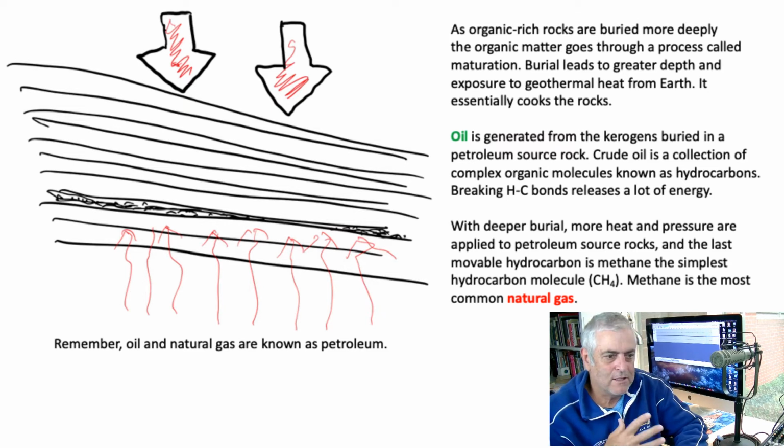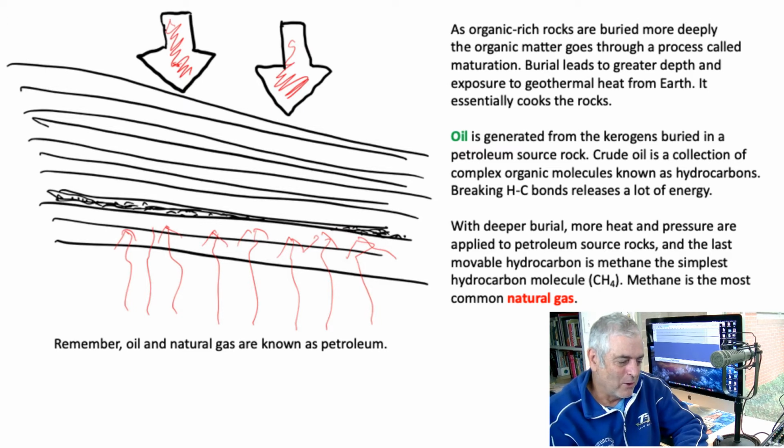If they get much past, I think it's 30 or so, they become kind of waxy, but there's natural waxes that are generated by the earth. But the very lightest ones, the very last products that tend to be generated as you bury these rocks is the natural gas, and that's CH4, the most common component, in fact, of natural gas, and that is the hydrocarbon known as methane. So methane, we're going to talk about methane later on when we talk about climate change as well, but methane.